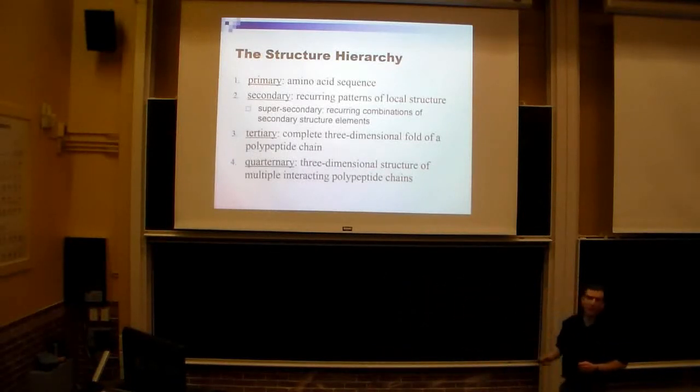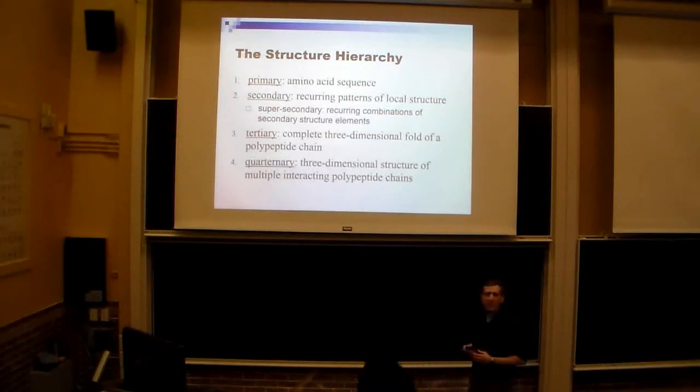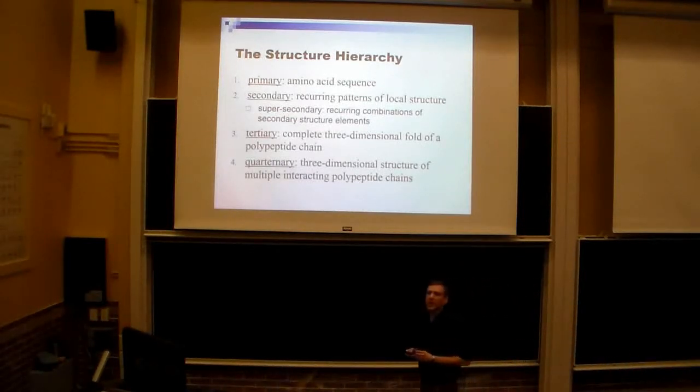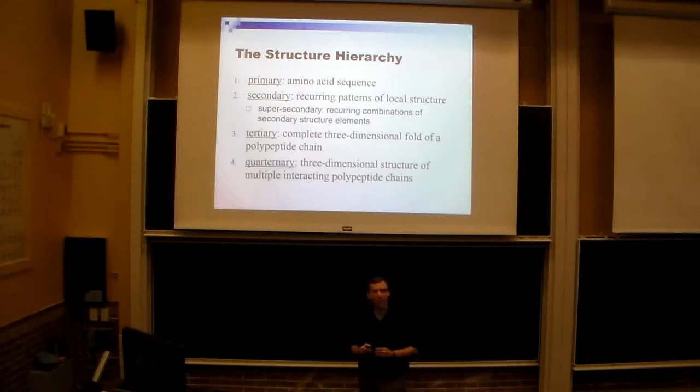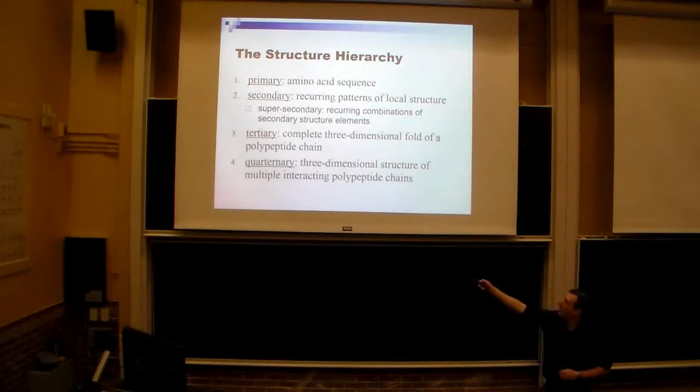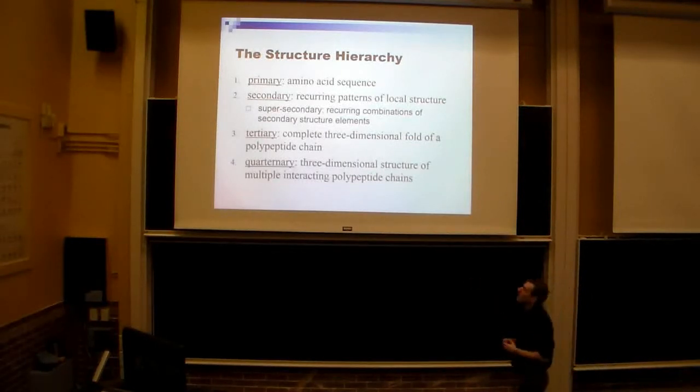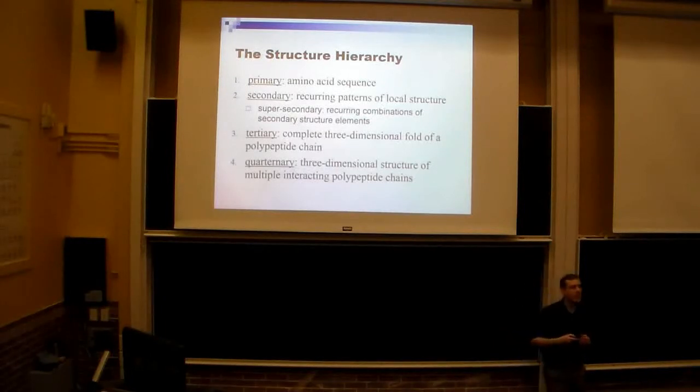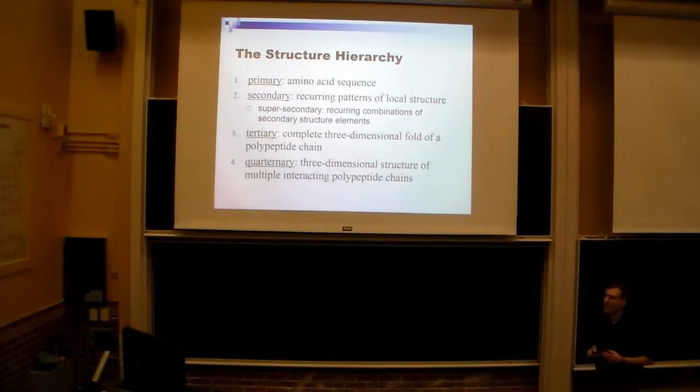There is the secondary structure, which are recurring patterns of local structure that happen to be particularly favorable energetically in protein structures, and so will occur again and again. We will sometimes see an extra level after secondary called supersecondary, so I'll just refer briefly to that. Kind of recurring combinations of secondary structure elements that you see in many proteins.